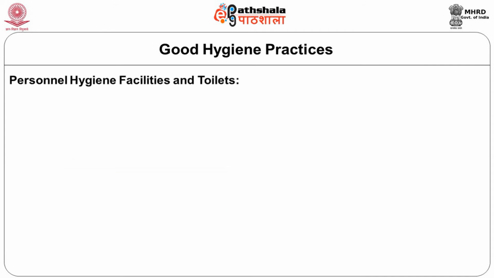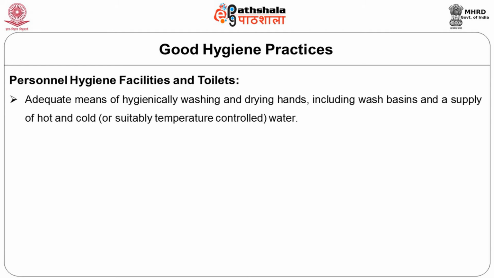Then we come to personal hygiene facilities and toilets. The people who are working in the food processing area should have adequate means of hygienically washing and drying hands. There should be enough water and proper facilities both for washing and drying hands, including wash basins, a supply of hot and cold water, and adequate toilets.